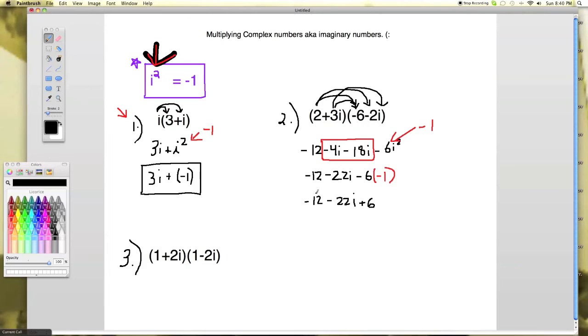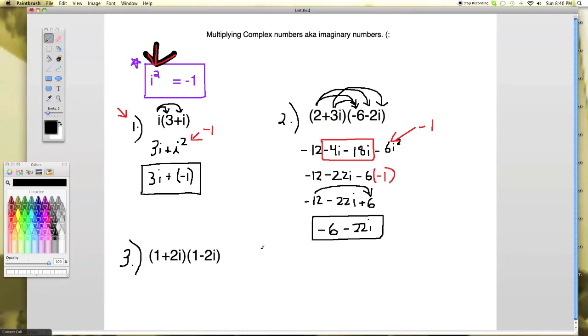And you know you can add these. So -12 plus 6 is going to equal -6 minus 22i. And you can leave that as your final answer.